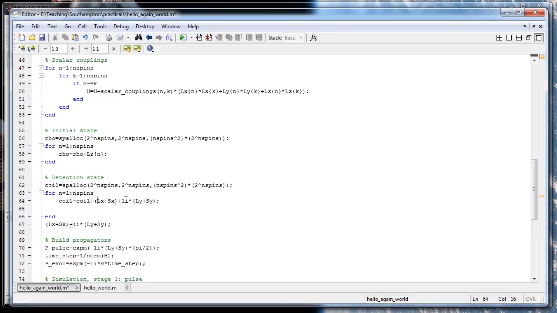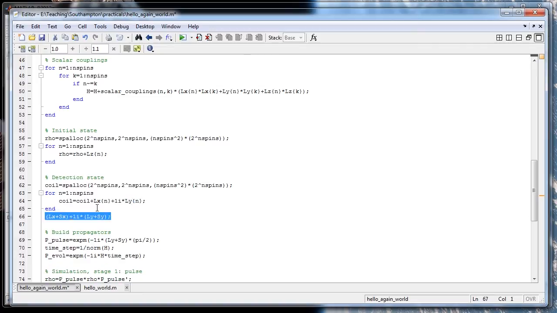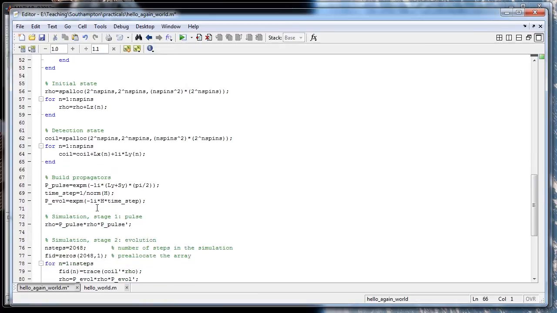Ctrl V, so Lx on spin n plus i Ly on that same spin n looped over n. So these are our coils.